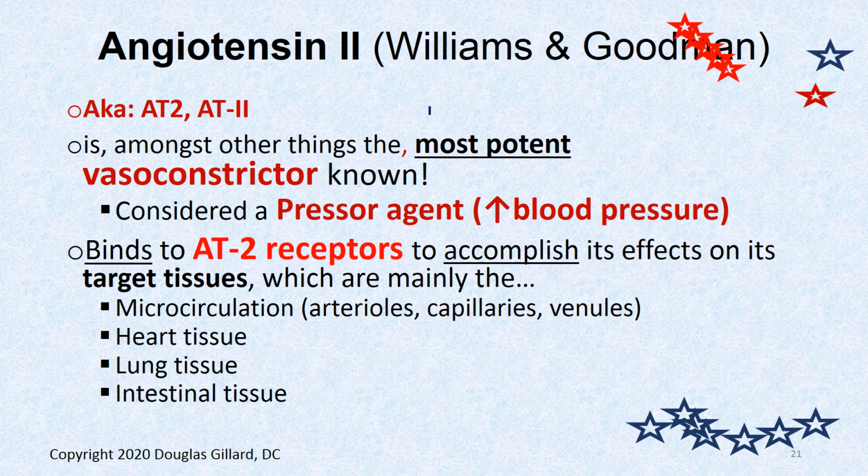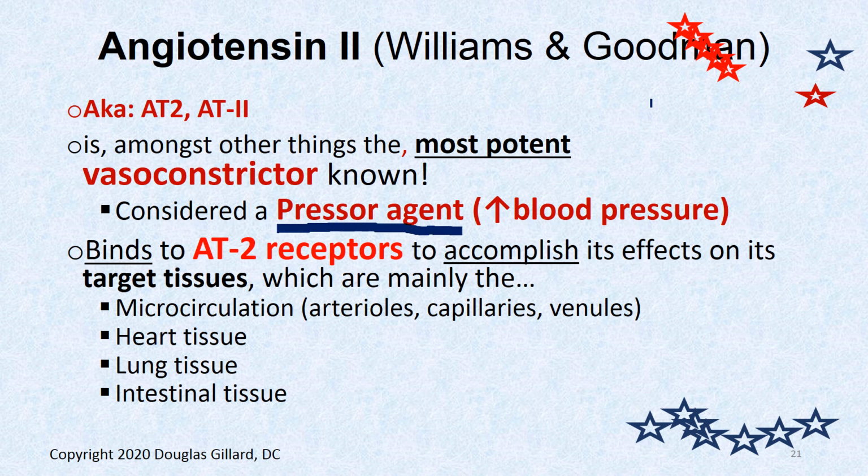Amongst its functions, one of the most impressive is its ability to cause vasoconstriction of the microcirculation. It's the most potent vasoconstrictive agent. And because it's a vasoconstrictor, it's called a pressor agent.